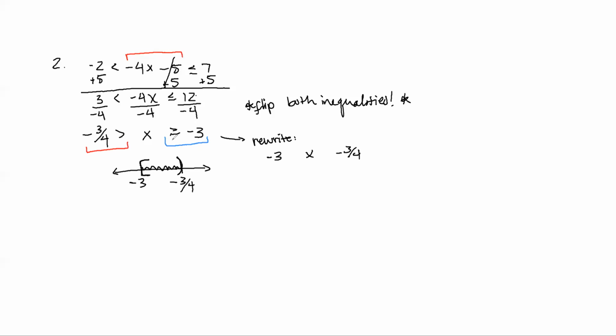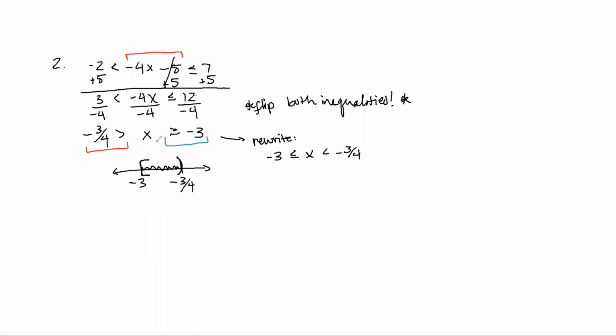So this greater than or equal to is both going to flip and stay right next to the -3. Same thing with this less than, it's going to flip, but it has to stay next to the -3/4. So this is technically what we should do with this one, but as long as you know to flip those numbers around when you're graphing it, that's perfectly fine to just leave it like this.